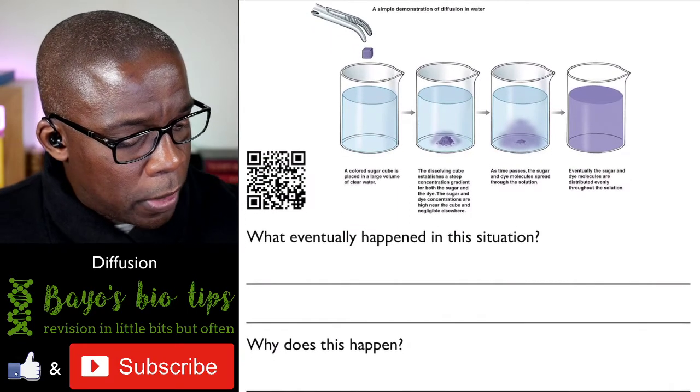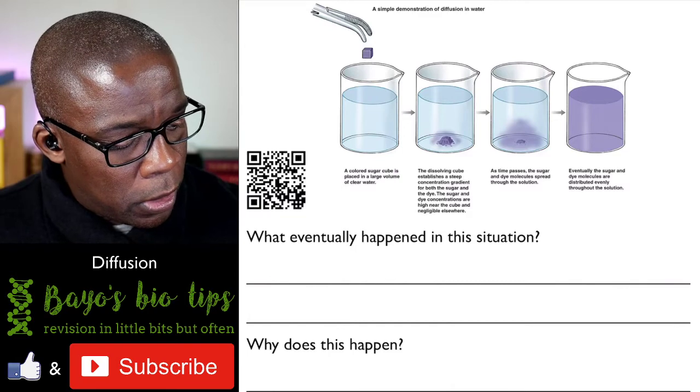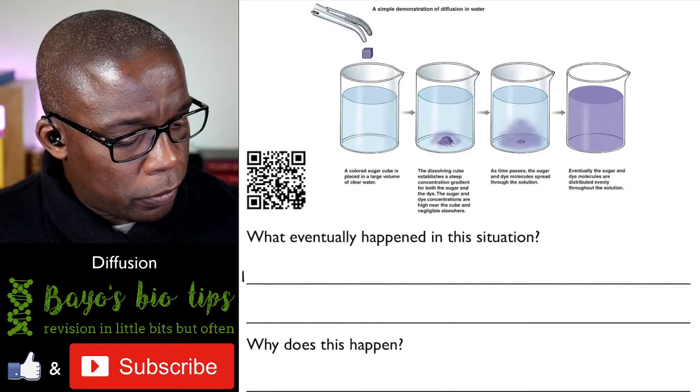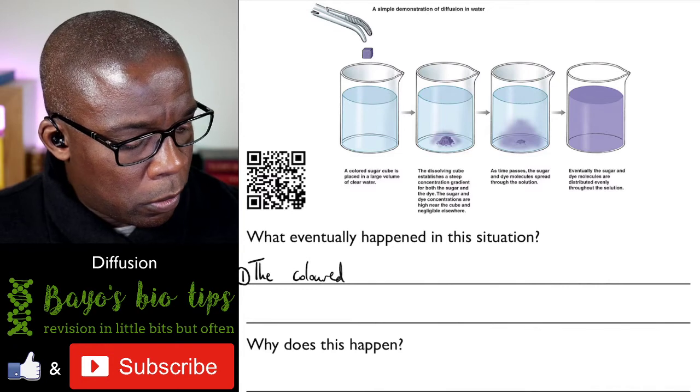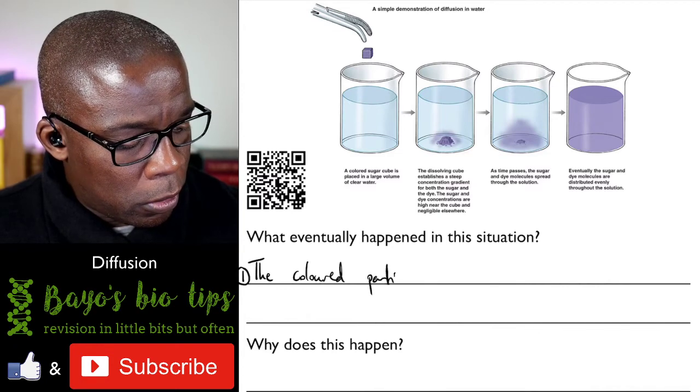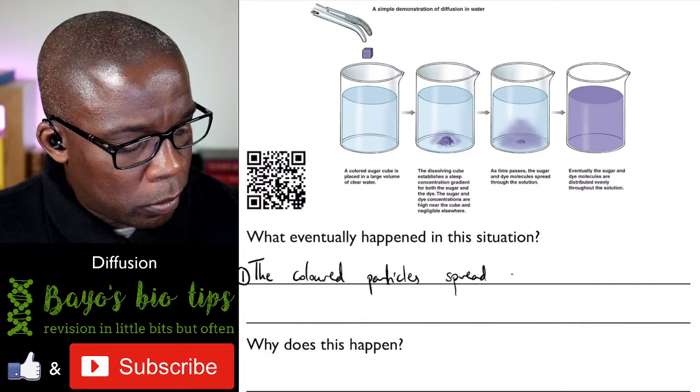So let's talk about that. What eventually happened in this situation? Number one, the colored particles spread out in the water.